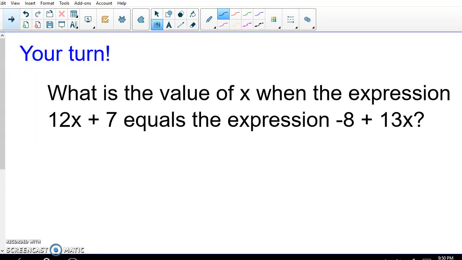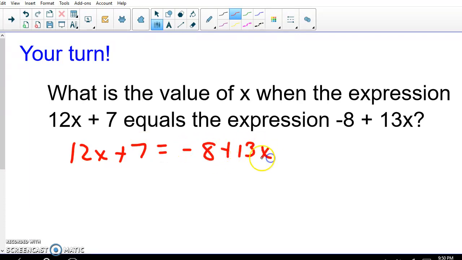Your turn. Why don't you check out 12x plus 7 equals negative 8 plus 13x. Take a second to pause the video. See if you can combine all your x terms on one side and your constants on the other.